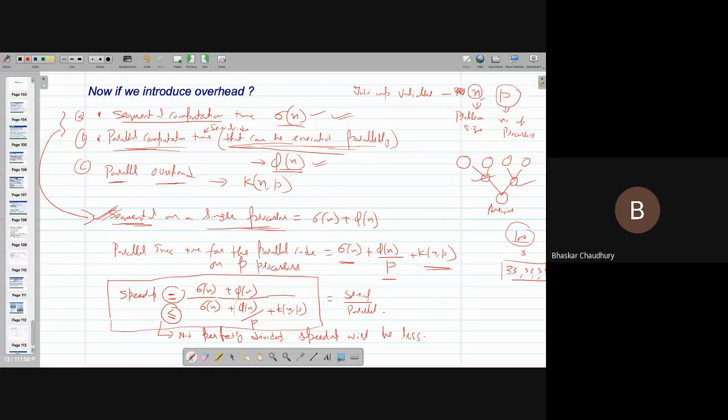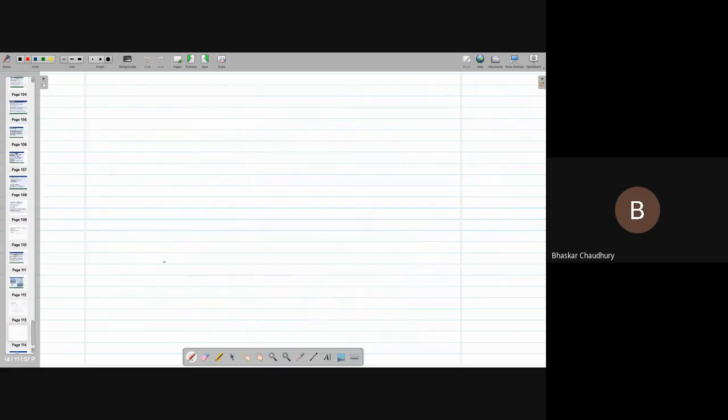Speed up is equal to sigma n plus phi n divided by sigma n plus phi n by p plus the overhead, and overhead is a function of both n comma p. Let me denote speed up by psi, which is a function of both n comma p. Let me go to the next slide and understand the implications of this very important equation.